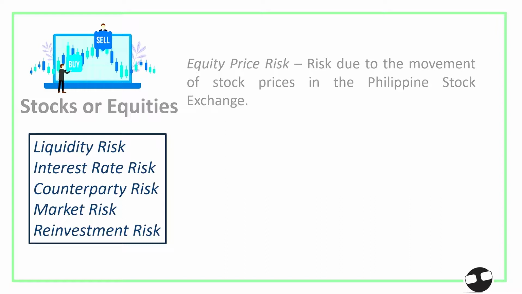We have economic indicators, news, and company news released every day. That would affect the sentiment of the market, and thus the prices of equities or stocks really vary from time to time. I mean, intraday, every minute, every hour, they change rapidly. So that is the equity price risk.